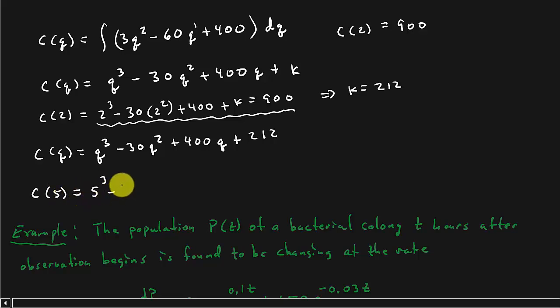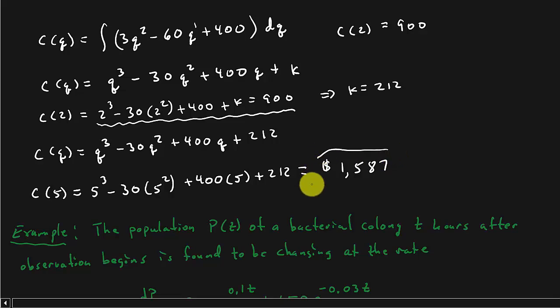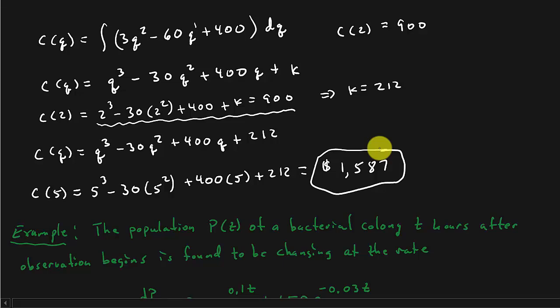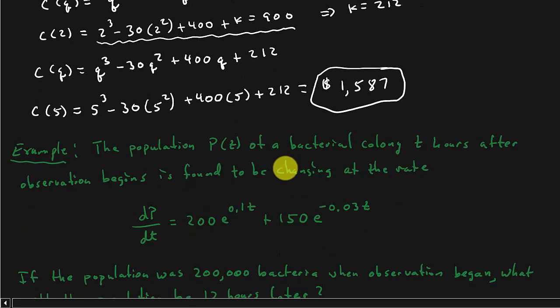That's 5 cubed minus 30 times 5 squared plus 400 times 5 plus 212. And when you punch all that in, you're going to get $1,587. And there's your total cost for 5 of them.